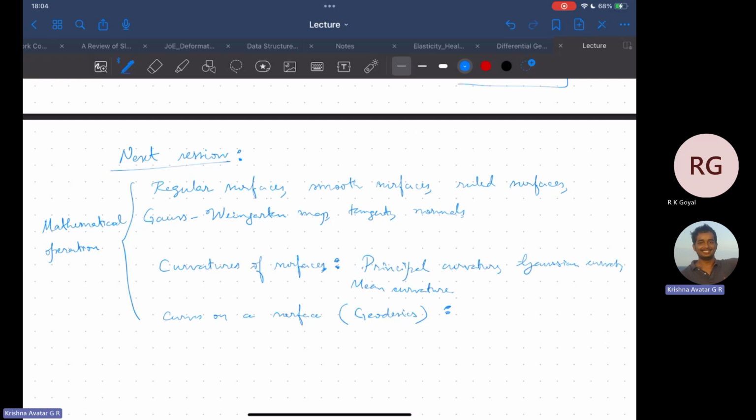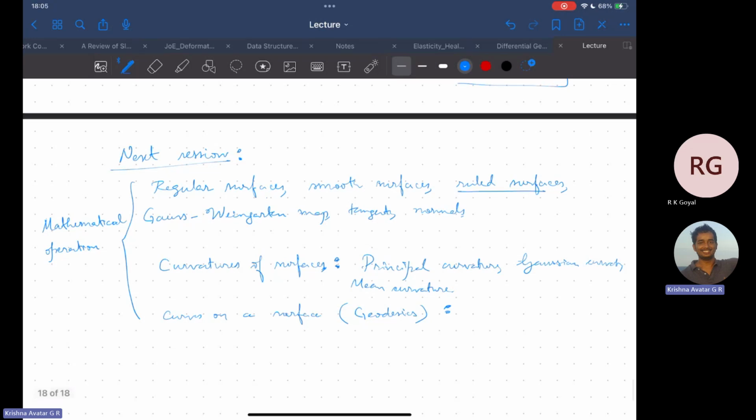Then we'll look at a special type of surface called ruled surfaces. I will also provide a few examples of other surfaces, just to give an idea. Essentially, ribbons are modeled as ruled surfaces.